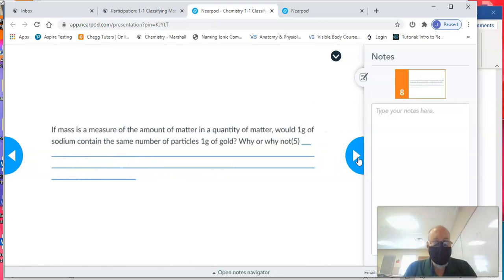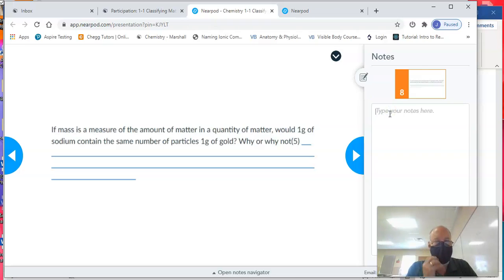Okay, now if mass is a measure of the amount of matter in a quantity of matter, ask the question: would 1 gram of sodium contain the same number of atoms, or same number of particles, as 1 gram of gold? And here's what I want you to think about.